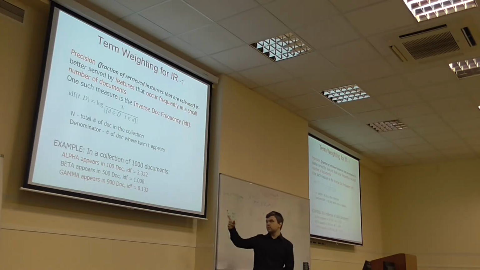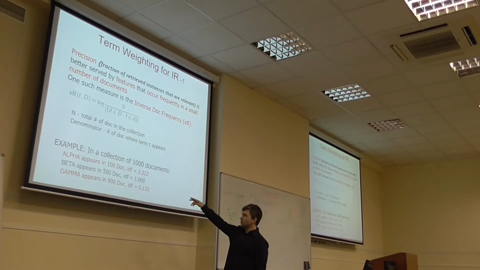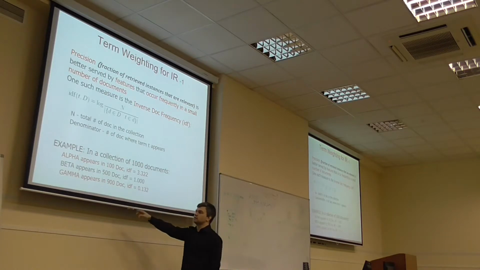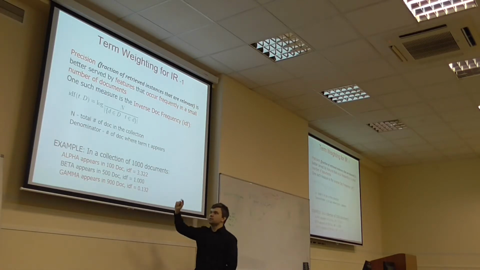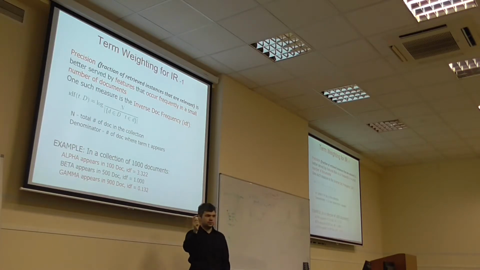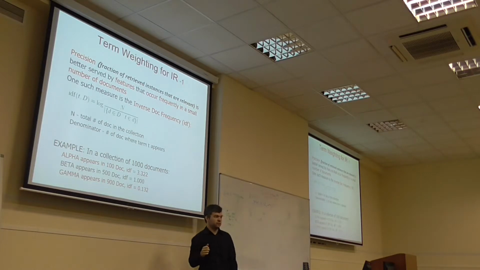So this is an example of IDF for different situations. For example, some term alpha appears in 100 documents, and IDF will be like this. Beta appears in 500 documents, and IDF will be like this. And 900 documents, it will be like this. So you can see, when a term appears in few documents, these documents are more representative in terms of precision for retrieval.